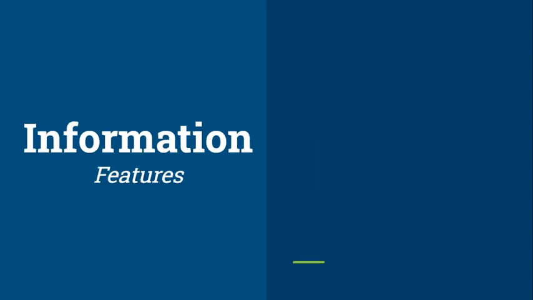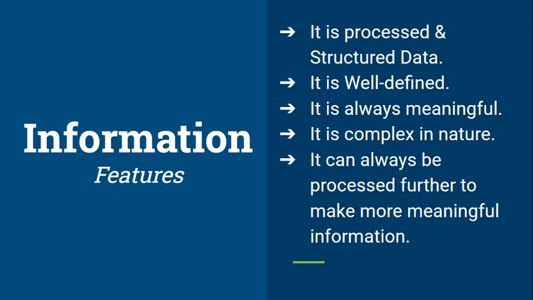So if we combine all these areas of information, the features that information provides us include: it is the processed and structured data. It is well defined, it is always meaningful. Yes, it is processed, so it will become complex, so it is complex in nature, and it can always be processed further to make more meaningful information.